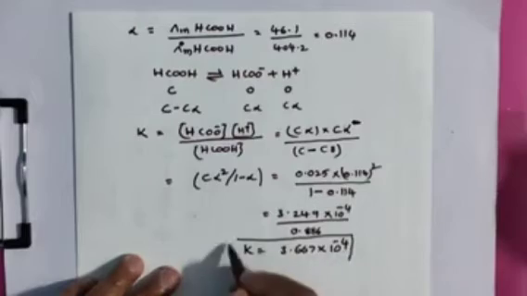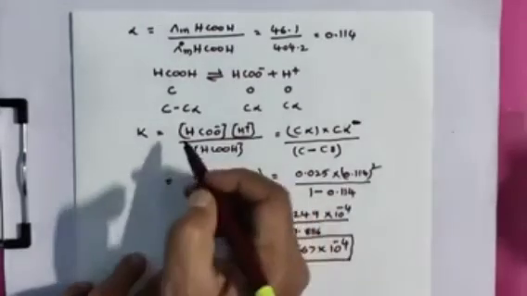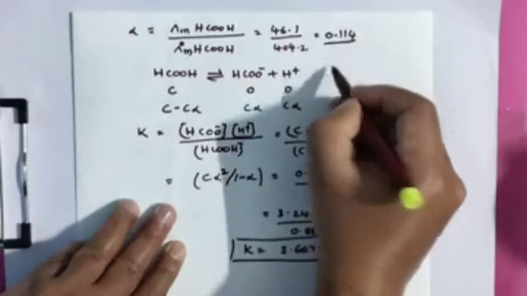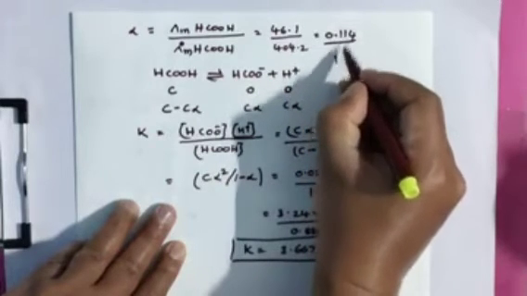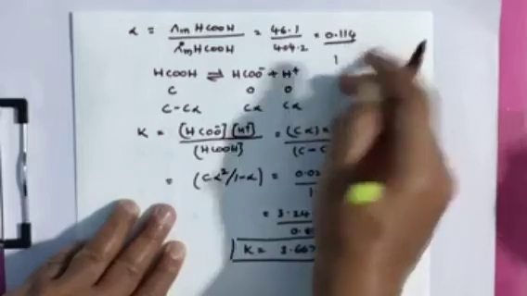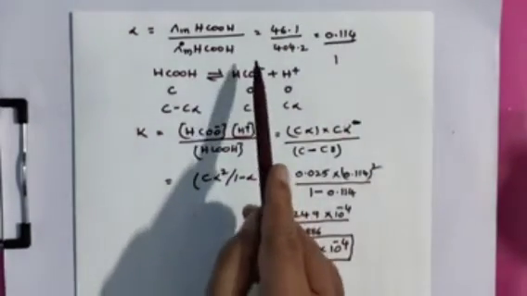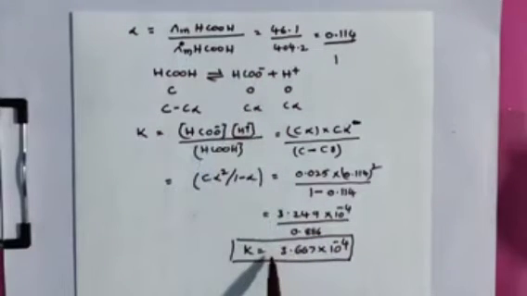They asked for the degree of dissociation and the dissociation constant. The K value we calculated already, and the alpha value we got is 0.114. So like this, degree of dissociation and dissociation constant both we can calculate. Clear? And this is problem number 2.